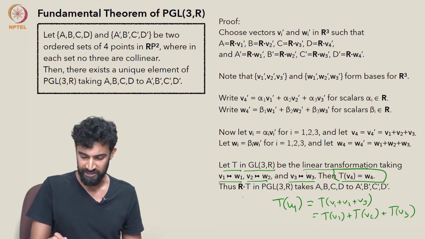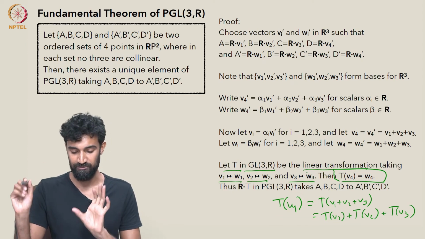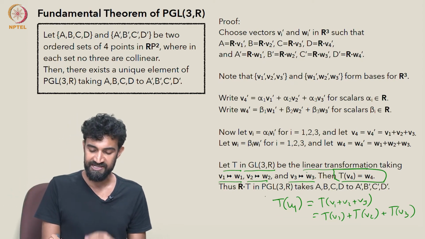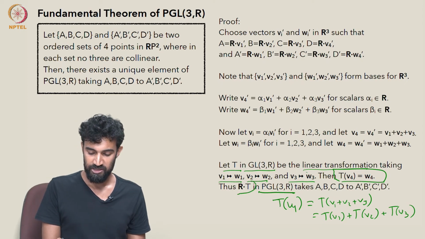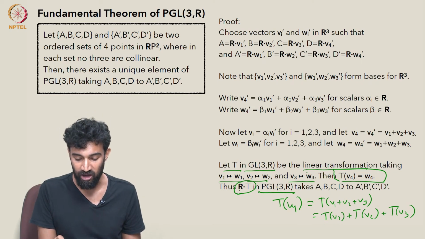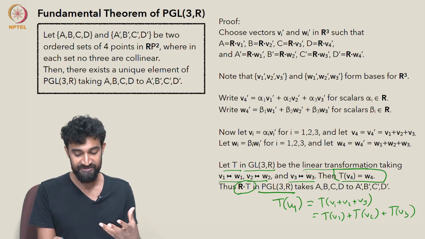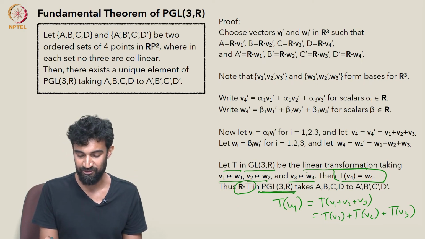So T is taking v1, v2, v3, and v4 to w1, w2, w3, and w4, which means its corresponding element in PGL3R, which I'm denoting as R times T, the set of scalar multiples of the transformation T, is an element of PGL3R.